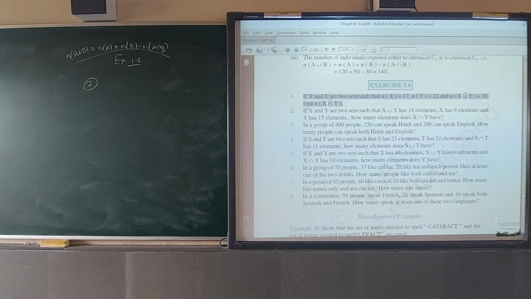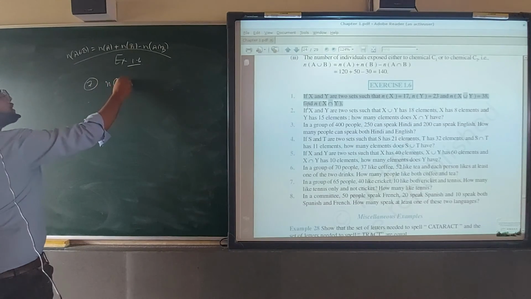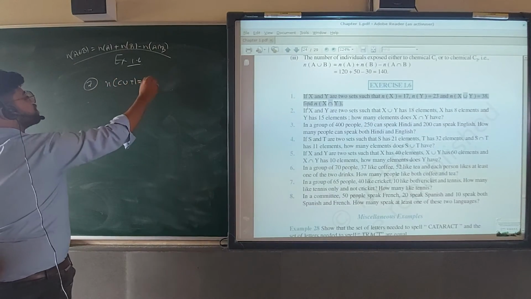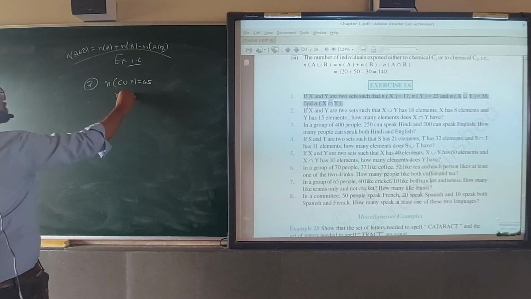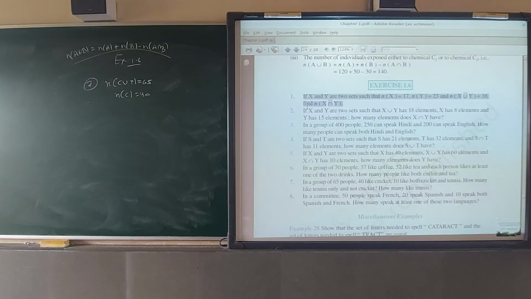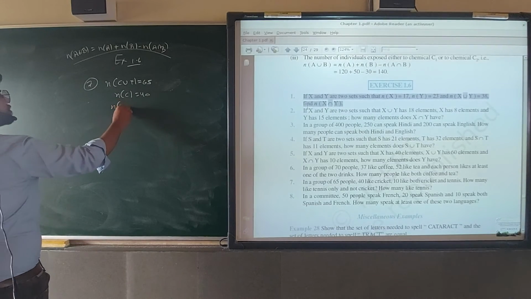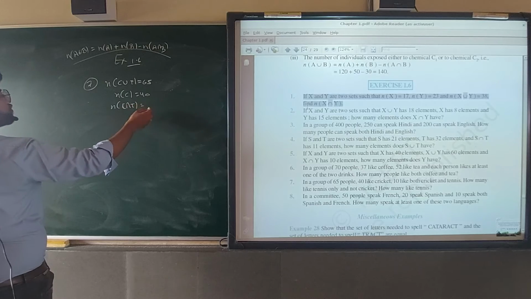Seventh one is, in a group of 65 people, means total, our union is given, 65, C union T, cricket and tennis both 65. And 40 like cricket, means n(C) is given, and tennis will be n(T). 10 like both cricket and tennis, C intersection T, 10 like both.